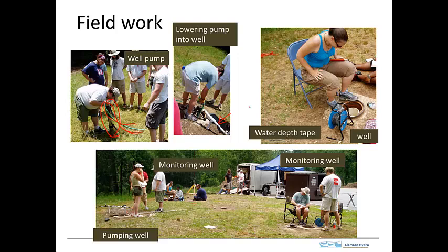And then this is an overview of the site. So the pumping well is here, and the hose comes up and goes around like that and then goes through this flow meter. And then there's some monitoring wells here. There's one, and there's one. And so the people at the monitoring wells are using this water depth tape here to measure the depth to the water, and that will be used to calculate the hydraulic head.